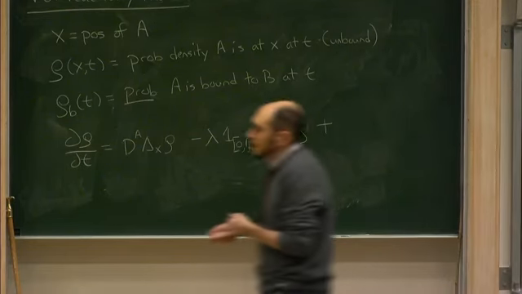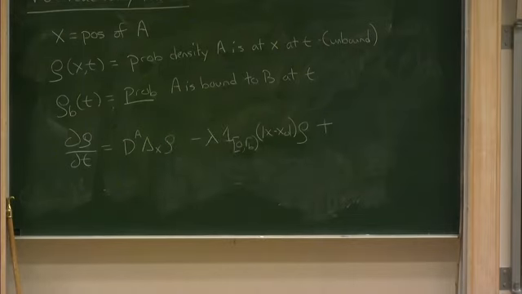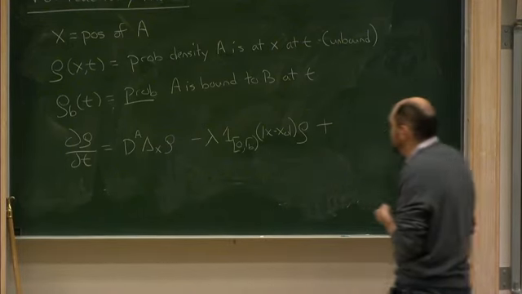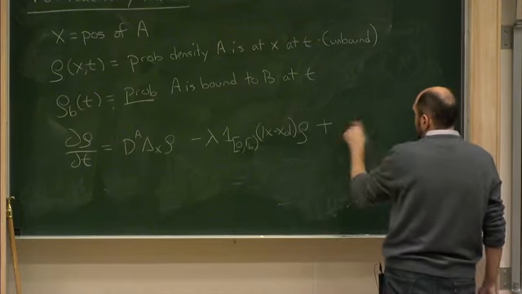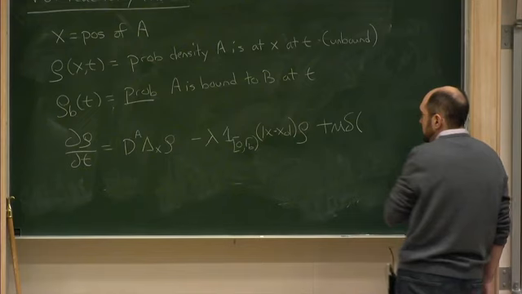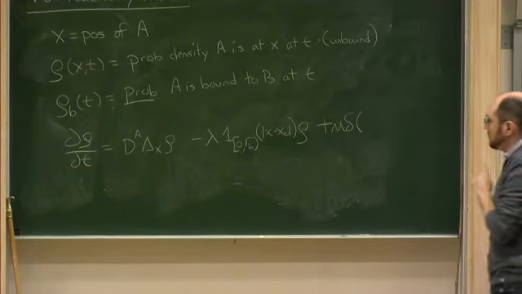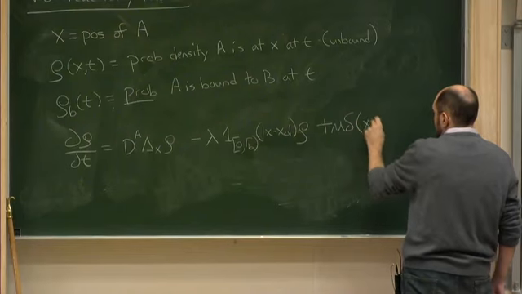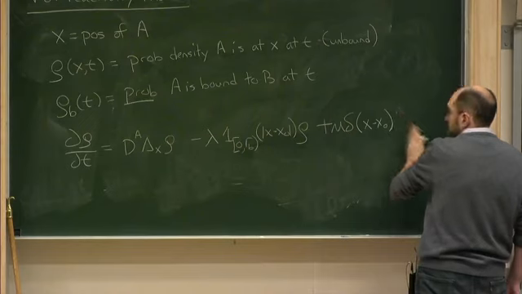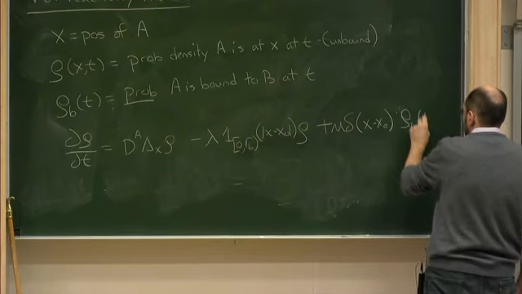Okay? So I'm going to make the assumption that when an A molecule unbinds from a C sitting here, it just gets put there. There's many other choices you could make, but that's the simplest that I think we could take for today. So I'm going to assume that you come off at rate mu, and you get placed at x minus x naught, and you come off with density rho b of t.